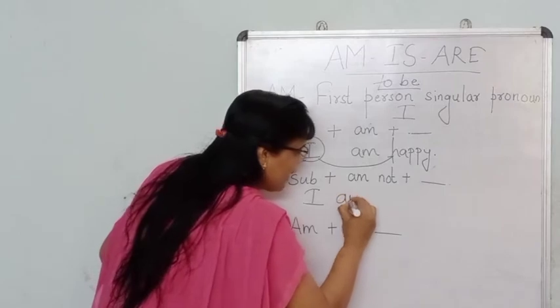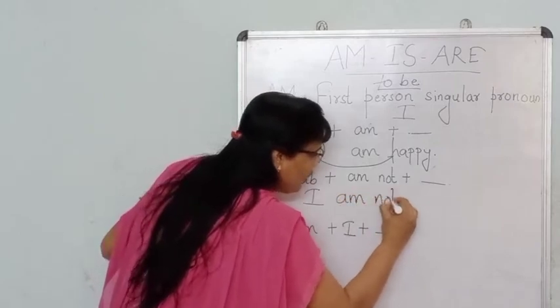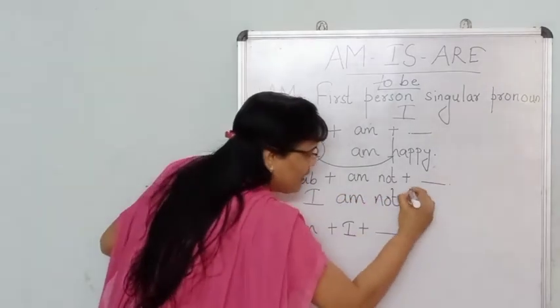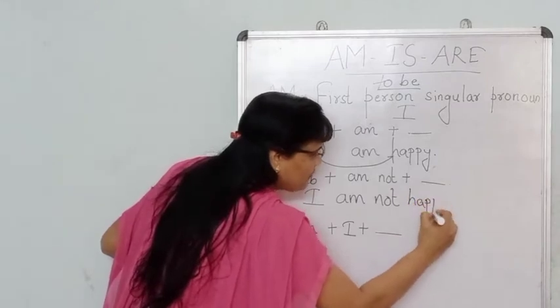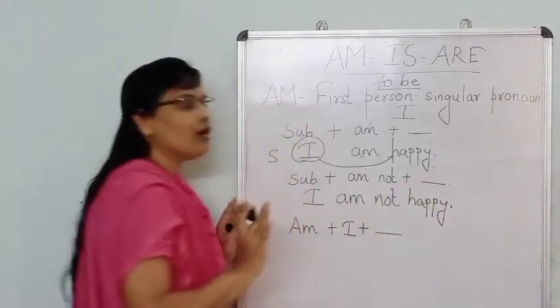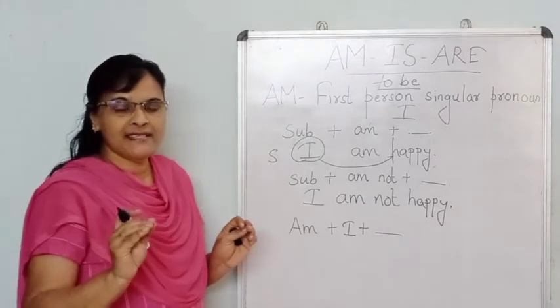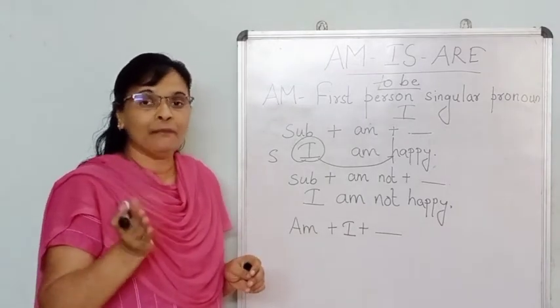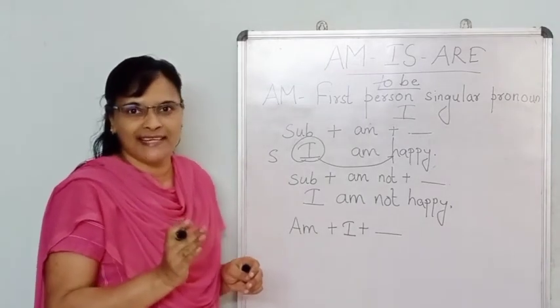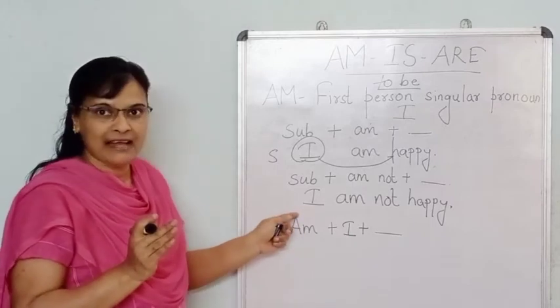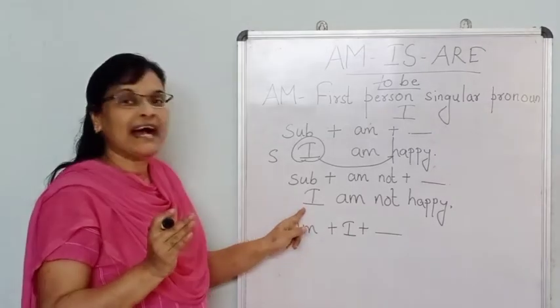I am not, then anything we can put. Let's say happy. I am not happy. So what happens here? It tells about the present status of the subject. And here in our example, the subject is I.